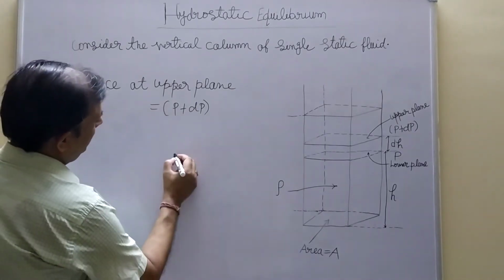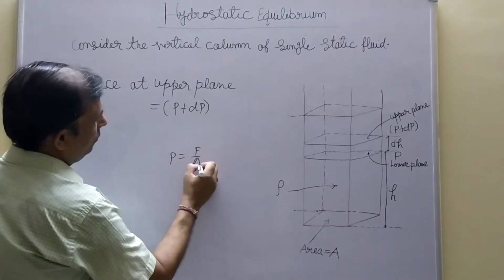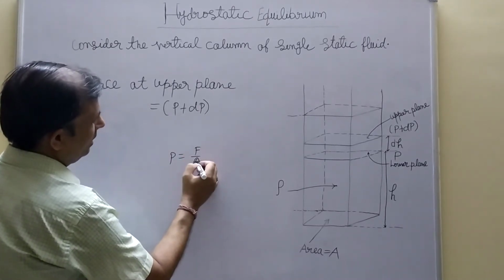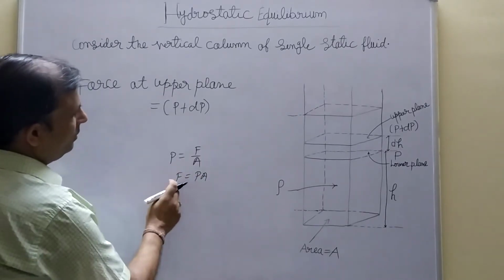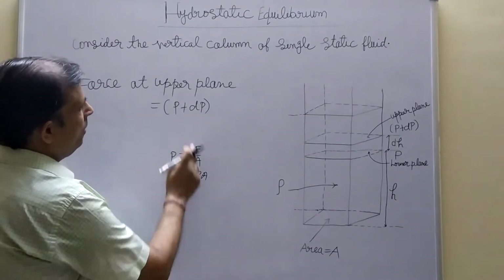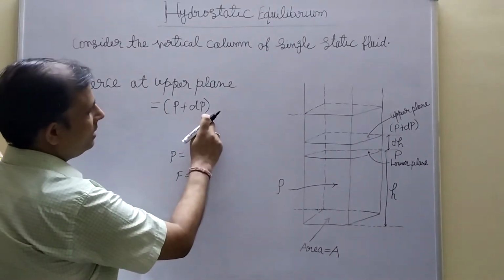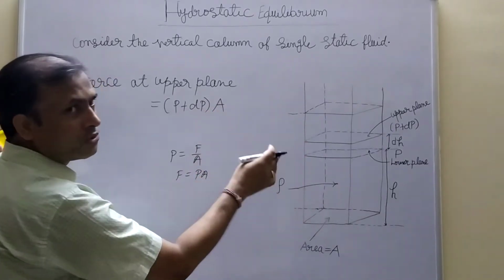You know that P equals force per unit area, so F equals P into A. So the force at the upper plane equals pressure into A. The area of each plane is constant.